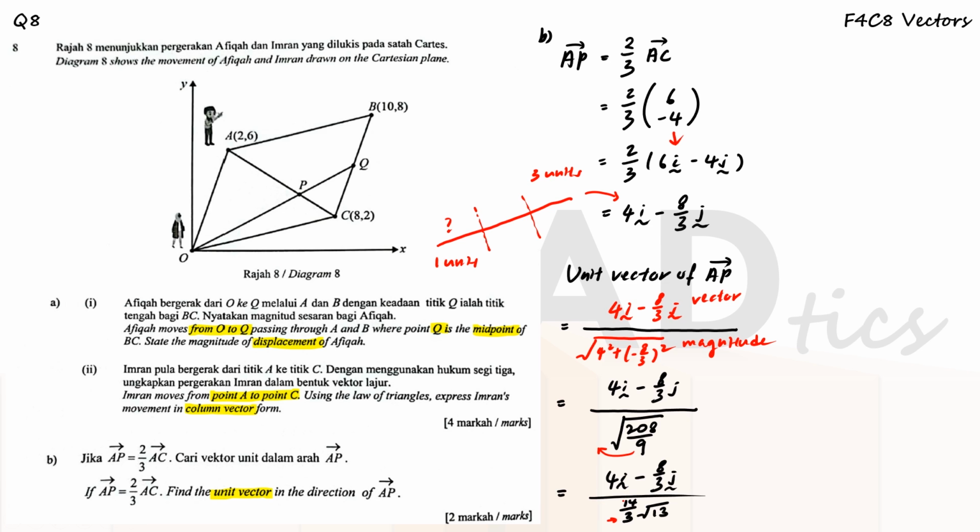And oh sorry, apologies here, this will be 4. So this 208, when I split, it will be 13 times 16. Okay, so this 16, if I put it out, will be square root 16, so it will be 4. And in the square root, there will be 13 only. Okay, and then I will just divide 4 over 3. Sorry, the 4 and minus 8 over 3 will be divided by this value, 4 over 3. Okay, so the final expression will be something like this.